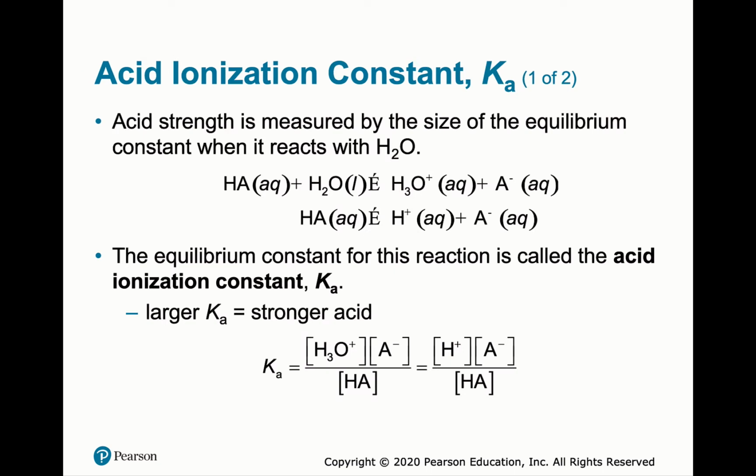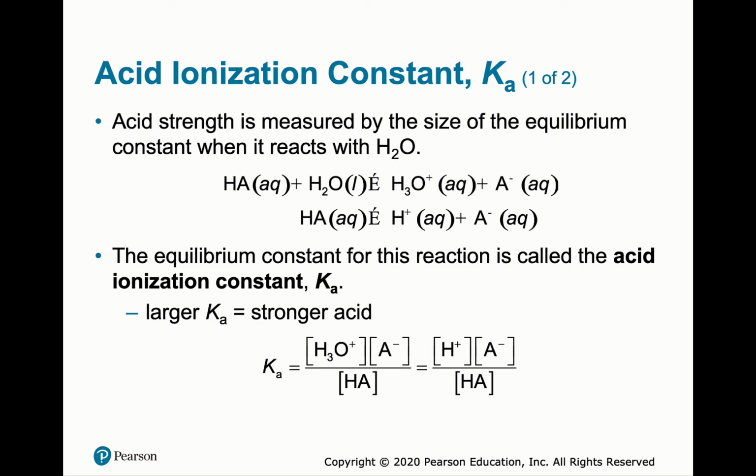And the Ka is the acid ionization constant. In this reaction, you have a generic acid plus water, reacting to form hydronium and an anion. And then these products over reactants, and water is a liquid.